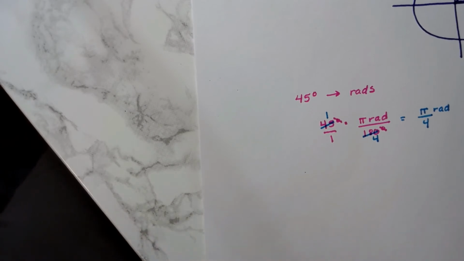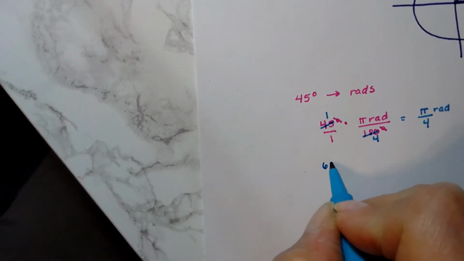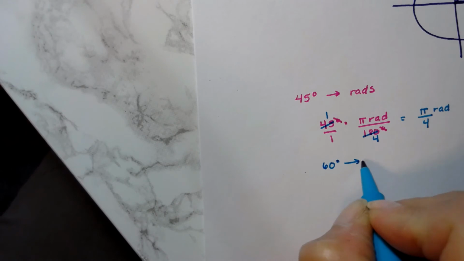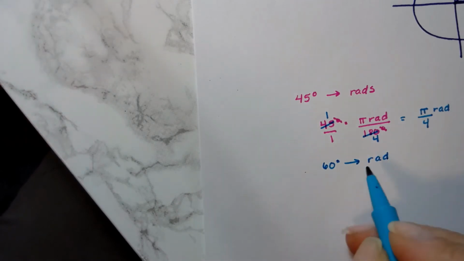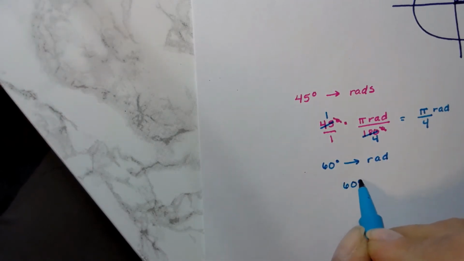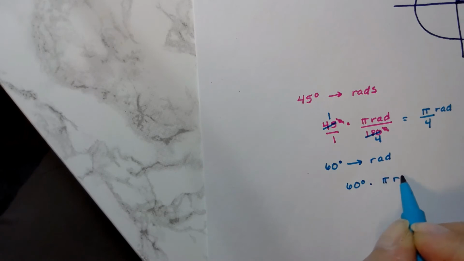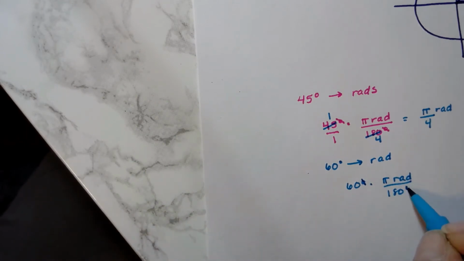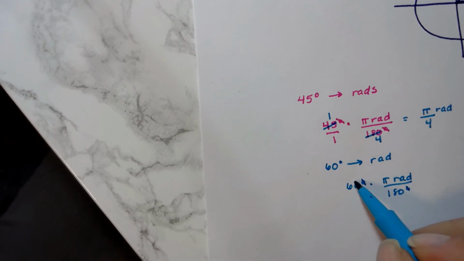If I want to convert 60 degrees to radians, well, then I would have 60 degrees times pi radians over 180 degrees. So I keep using the same ratio, pi to 180. Again, the degrees are going to cancel out, right? Radians is going to stay. I can cancel a 0 on the top for a 0 on the bottom.